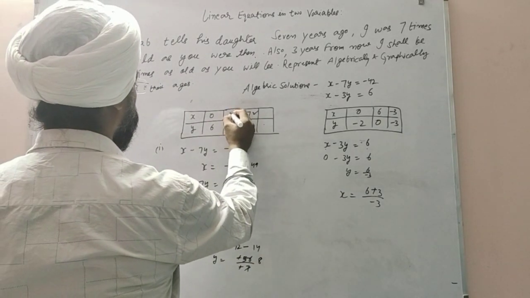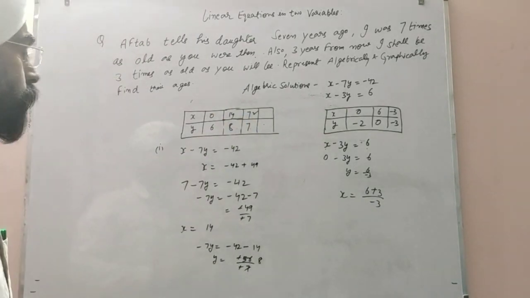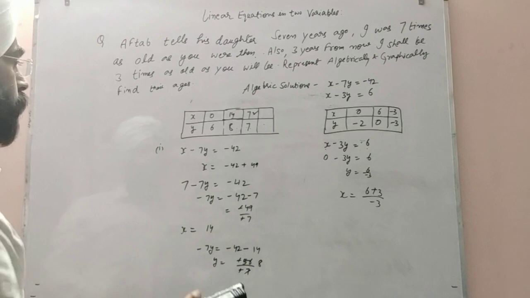So x equal to 14 and y will become 8. This is the right method. You can put it on the graph like this.